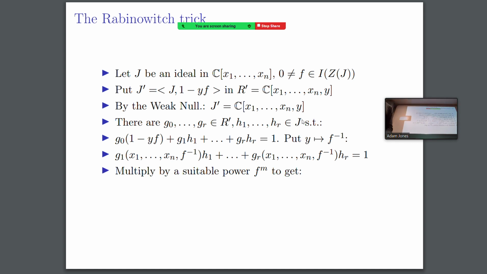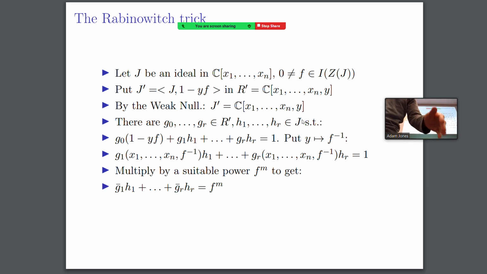And then if you simply multiply by some large enough power of f, then on the right hand side you get f to the n, and on the left hand side you get coefficients that are polynomials, and these h_i are in the ideal J, which means that f belongs to the radical. So that's how you prove the Nullstellensatz from the weak version in the commutative case.